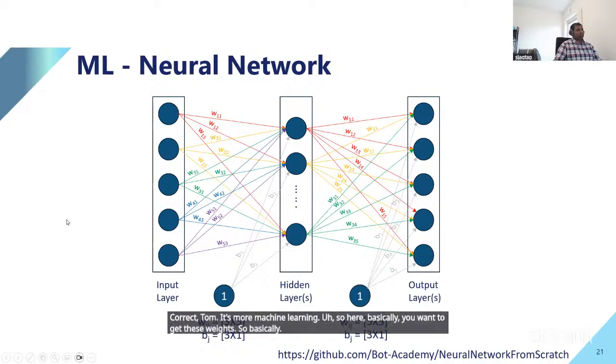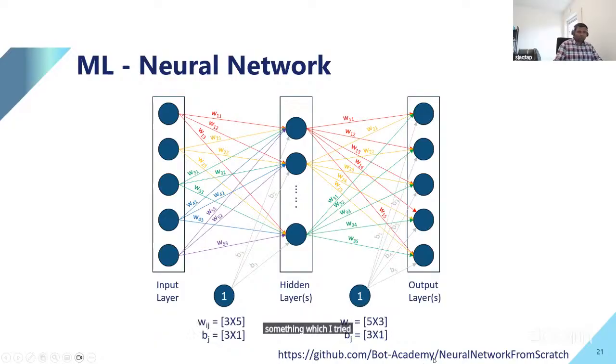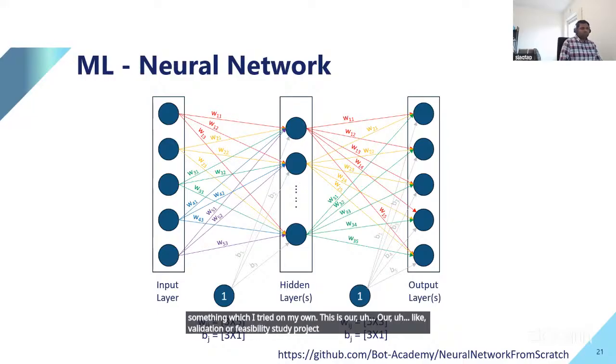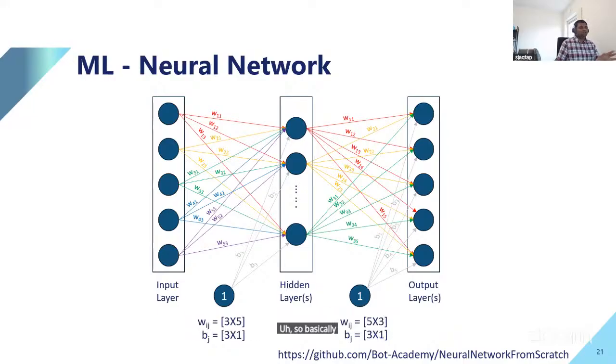If your job is, again, this is something which I tried on my own, like a validation or feasibility study project, you can call. This is an application of image processing where you have around 70,000 handwritten images in 28 by 28 pixel format.